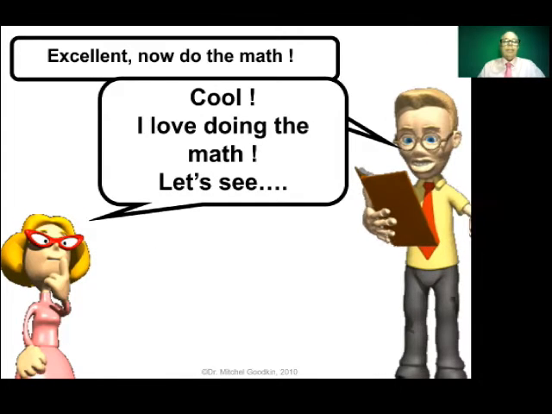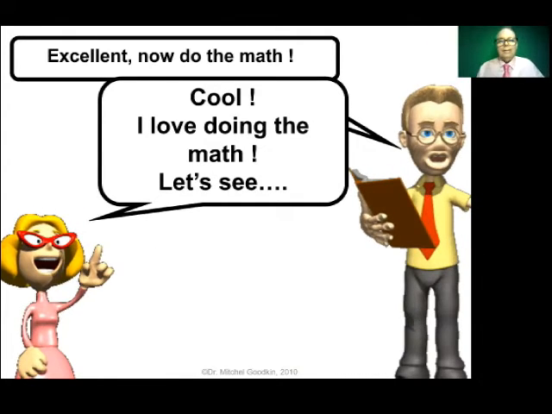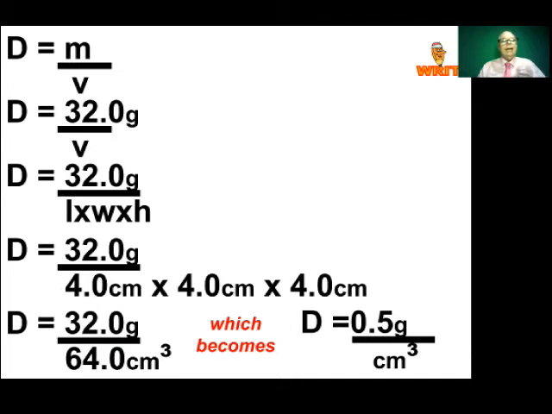Excellent, now do the math. That's cool, because I love doing math. So density equals mass over volume. Density equals 32.0 grams over volume. We take out the V and we put in L times W times H, so 32.0 grams over length times width times height, which gives us 32.0 grams over 4.0 times 4.0 times 4.0, because I measured that with the ruler.